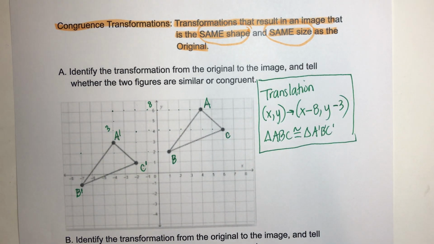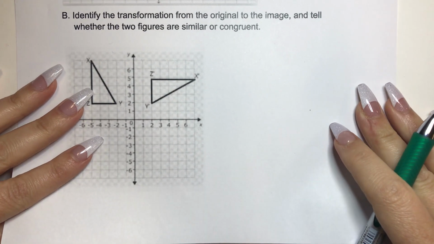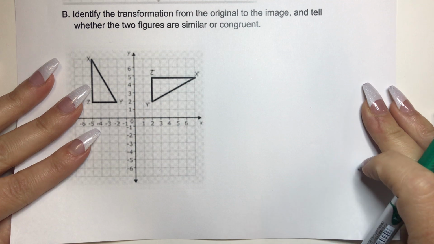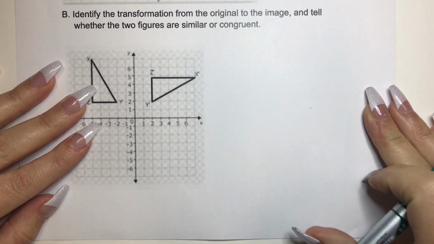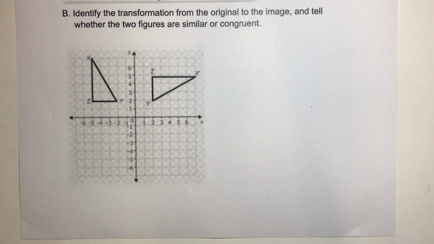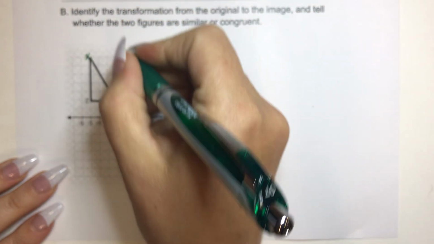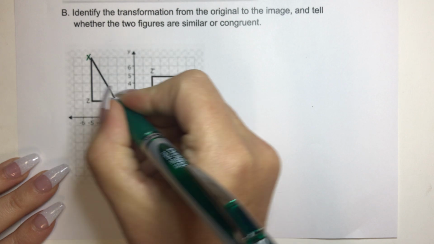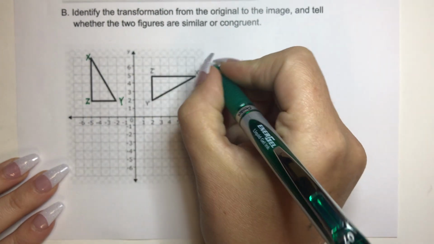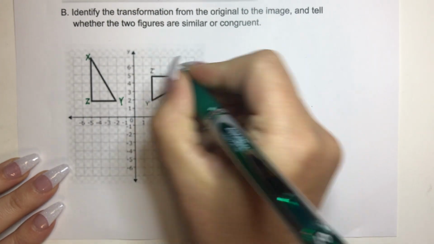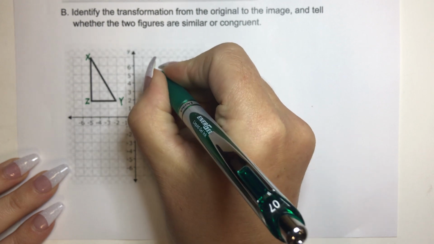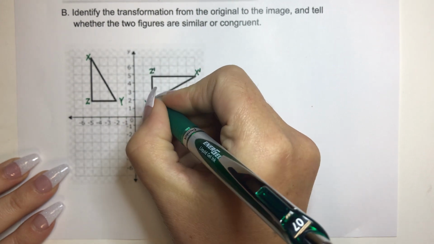Okay, let's look at this next example here. It says, identify the transformation from the original to the image and tell whether the two figures are similar or congruent. Okay, so what do we have? We have X, Y, and Z. And then this is X prime, Z prime, and Y prime.